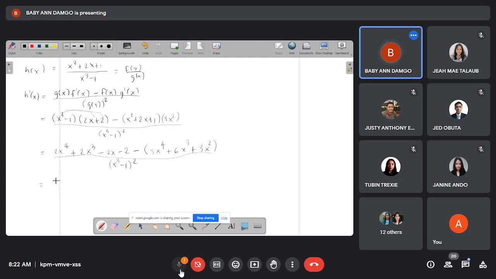So, this is minus x to the fourth. So, tungod ani. Next, kani. This is 2 minus 6 is minus 4x cubed. Next, kani an x squared. So, this is minus 3x squared.